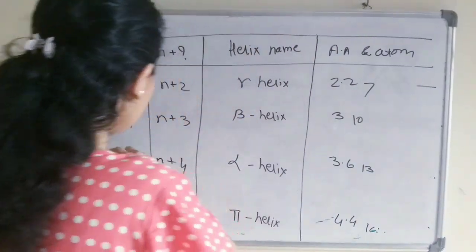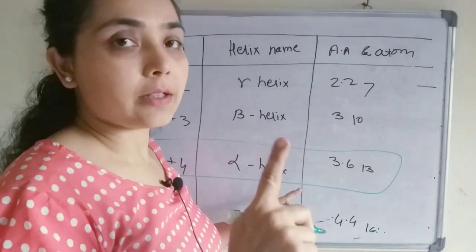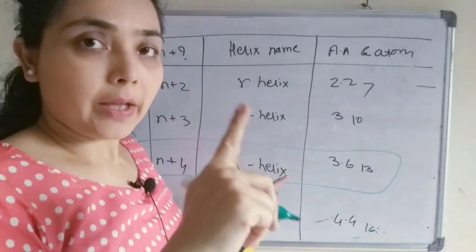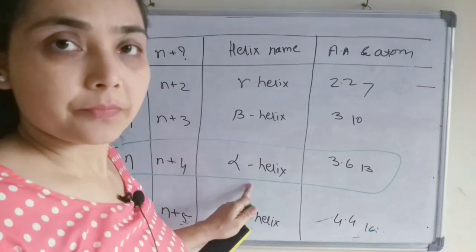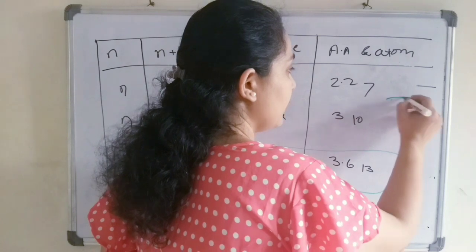So this is the most common secondary structure of the helical type, that is the alpha helix. Okay, so I hope you are clear.